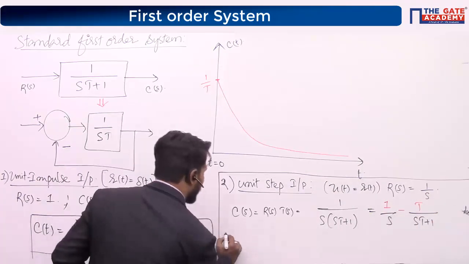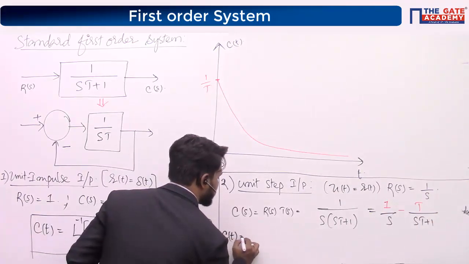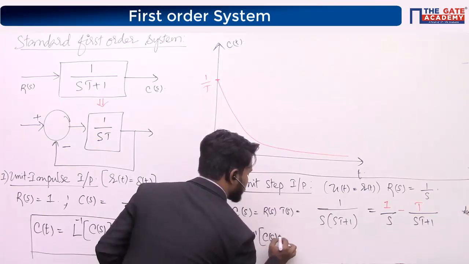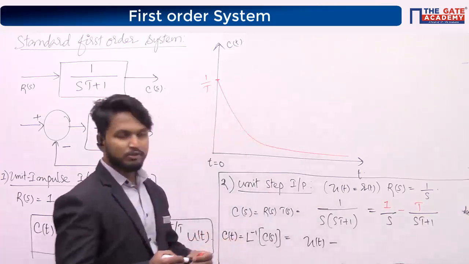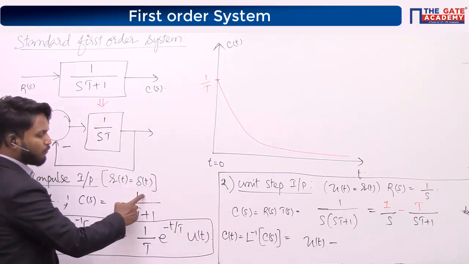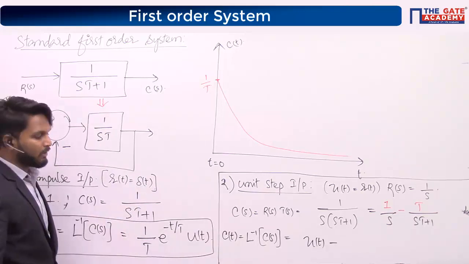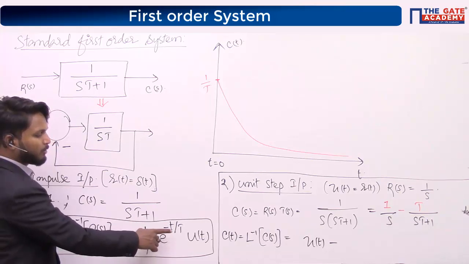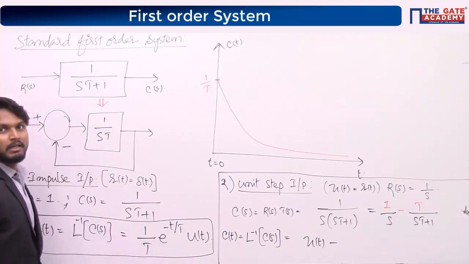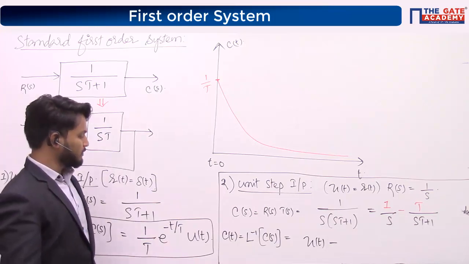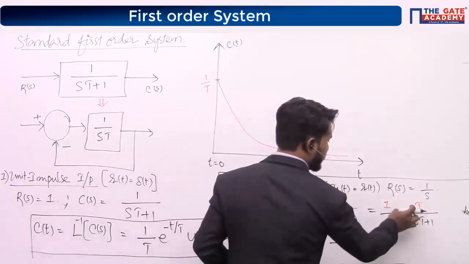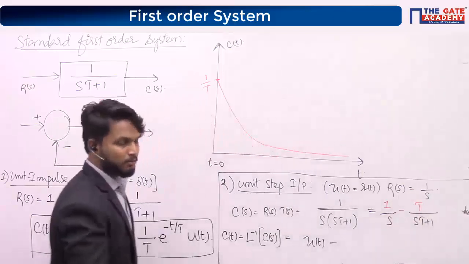Yes, therefore c of t is equal to Laplace inverse of C of s, Laplace inverse of 1 by s minus T by (sT plus 1). See, Laplace inverse of 1 by (sT plus 1), what did we get? 1 by T e power minus t by T u of t, right? Yes, very good. Laplace inverse of T by (sT plus 1), what will you get?